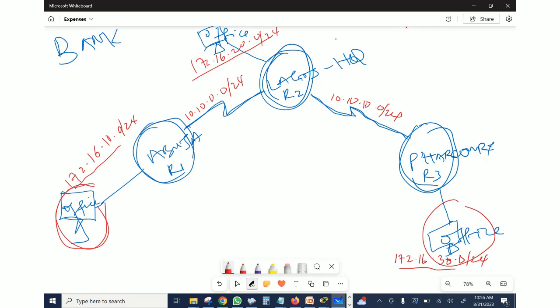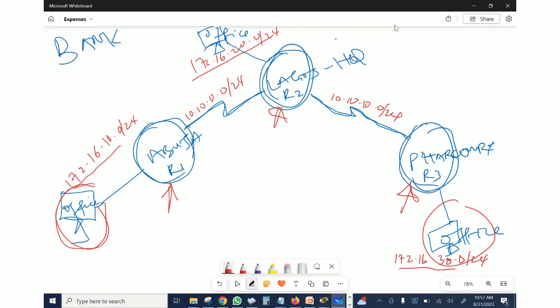Also, people in Port Harcourt can reach Lagos and Abuja. Headquarters, Lagos, can reach both Abuja and Port Harcourt, so that everybody in each of the offices can reach one another. So now let's implement static routes on each of our routers, telling one another about the connected network and the networks that each of them knows about.